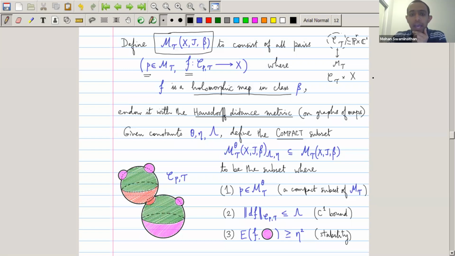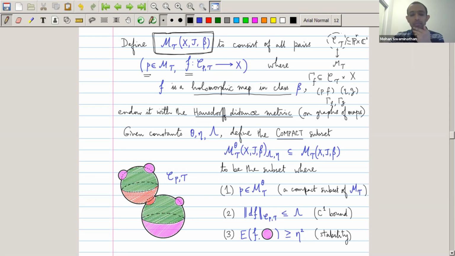And any such pair (P, F) will give me a graph sitting inside C_t × X, right? The graph of the map F is a subset of C_t × X. For two such pairs, (P, F) and (Q, G), I can take their graphs and measure the Hausdorff distance between these two graphs. That is what I take to be the metric on my moduli space here.